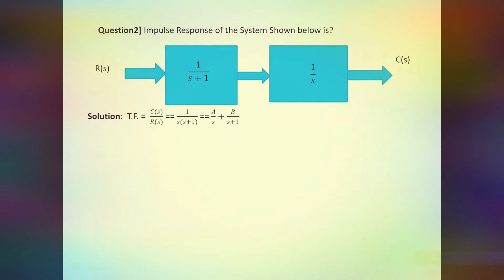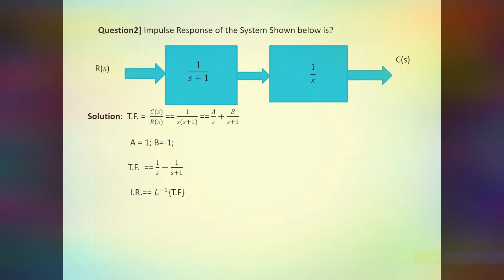We apply partial fractions, A divided by s plus B divided by s plus 1, and from that we get the values of A and B. A is 1 and B is minus 1. Putting these in the above equation, we get the transfer function 1 divided by s minus 1 divided by s plus 1.